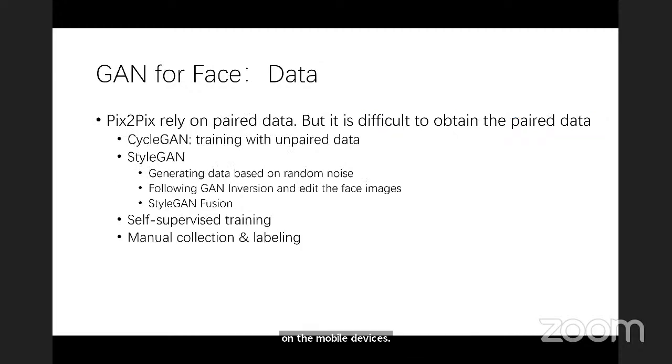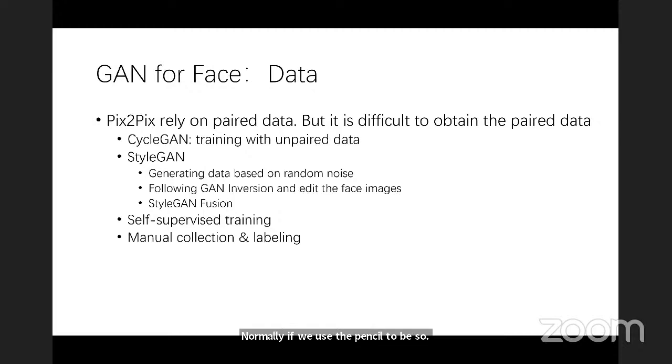Besides model compression, data is another very important part if we want to do some kind of GAN application on mobile devices. Normally, pixel to pixel methods rely on paired data, but paired data is very difficult to obtain.